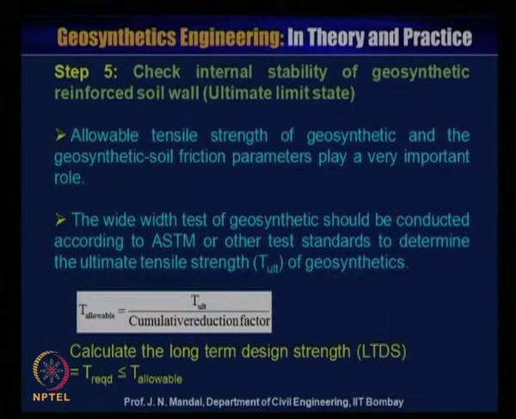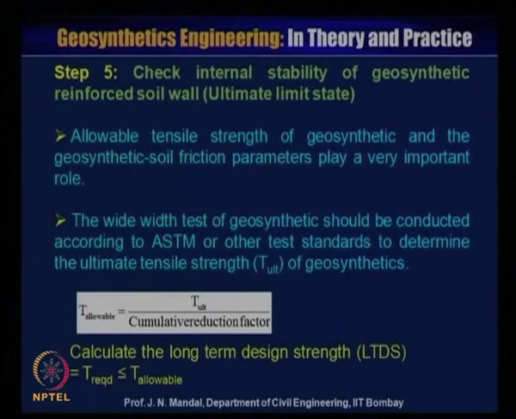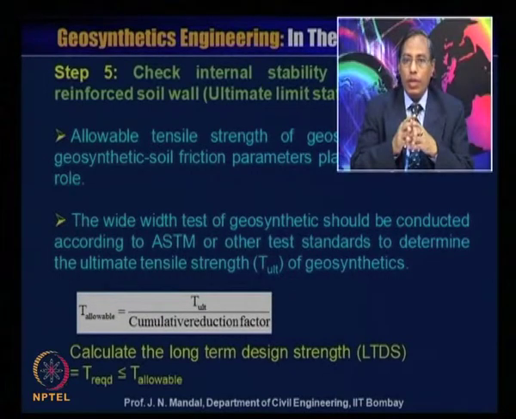Step 5, check the internal stability of the geosynthetic reinforced soil wall, at the ultimate limit state. The allowable tensile strength of the geosynthetics and the geosynthetic-soil friction parameter play a very important role. The wide width test of geosynthetics should be conducted according to ASTM or another test standard to determine the ultimate tensile strength of the geosynthetics. Once you know the ultimate tensile strength, you have to calculate the allowable tensile strength, which is equal to the ultimate tensile strength divided by the cumulative reduction factor.